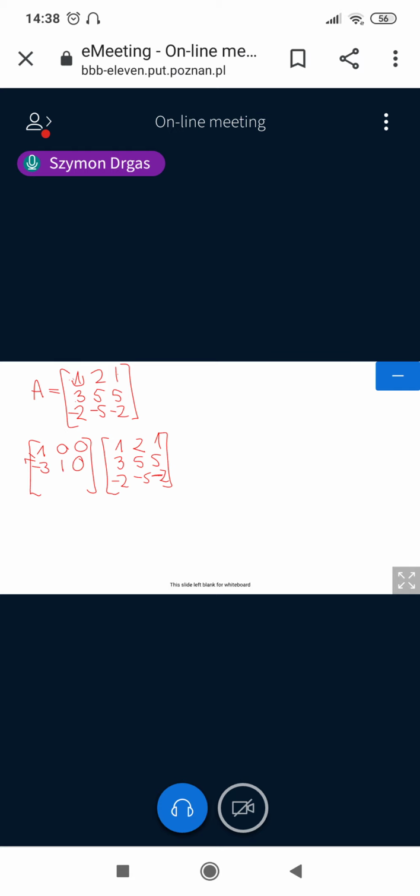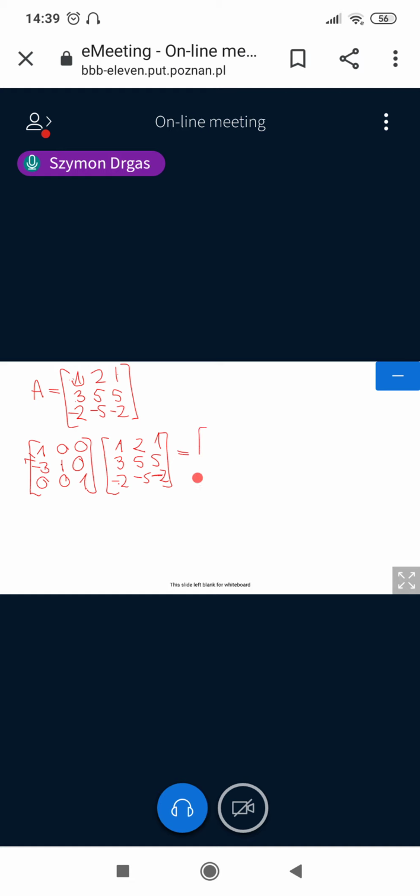Okay, it's because I want to multiply the first row by -3, then add it to the second row, and I don't want to use the third row. Okay. Yes, is that okay now? And then I'd like to leave the third row of this matrix as it is. So I have to write 0, 0, 1.